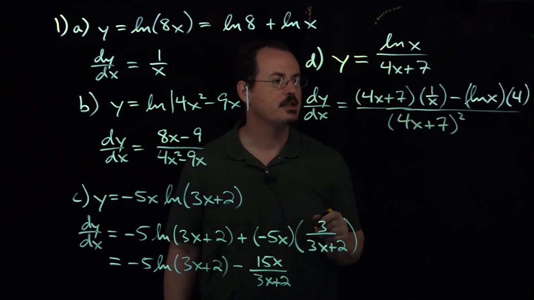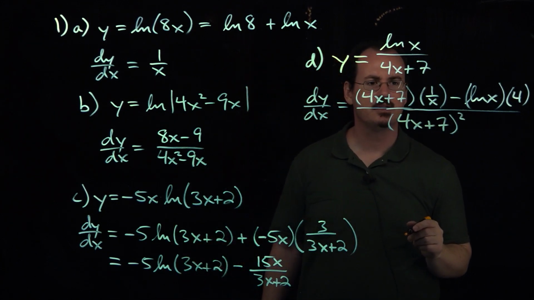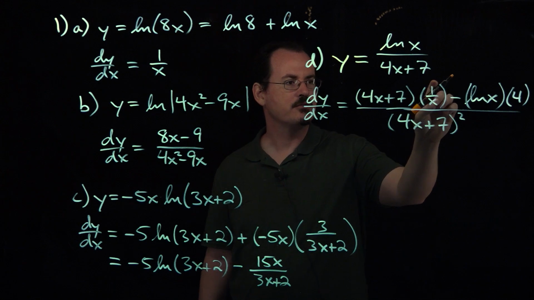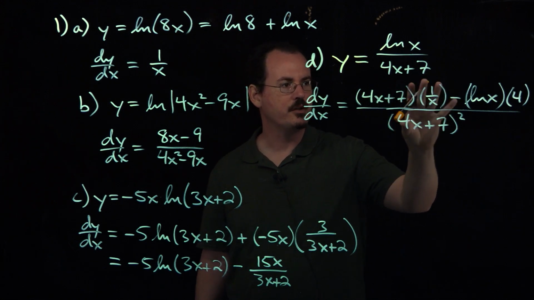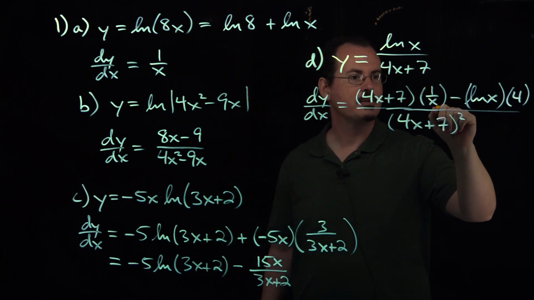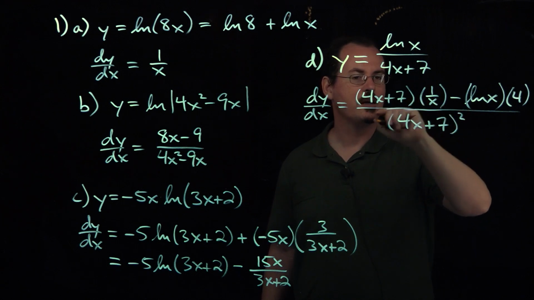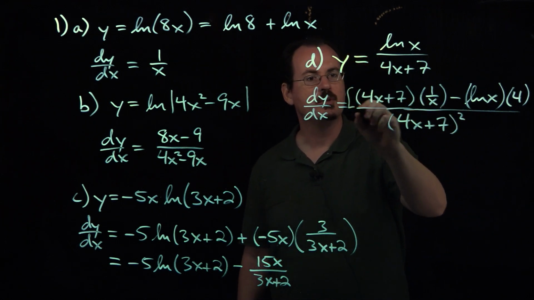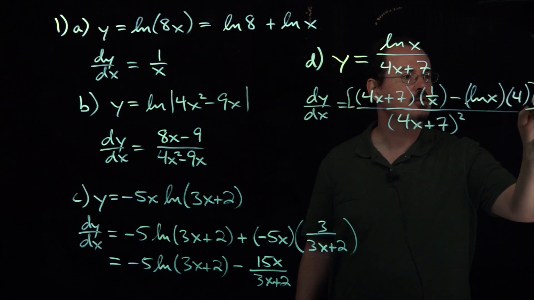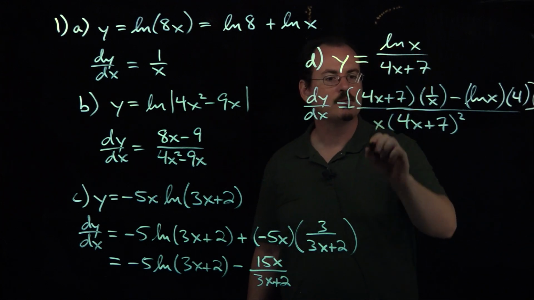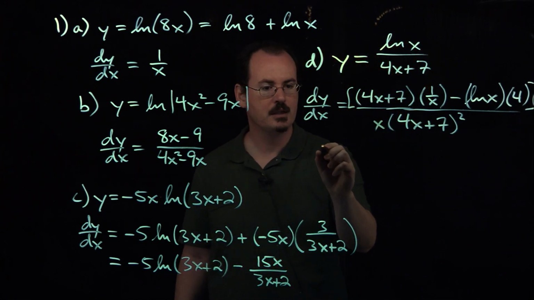Okay, we can simplify this a little bit. In this particular case, I would probably just go ahead, since we have a sort of complex fraction here, we've got a fraction within another fraction. The best way to deal with that is just to multiply everything by the denominator of that fraction there. So what I mean is, we'll take the whole numerator, multiply it by x, and then we have to multiply the denominator by x as well.